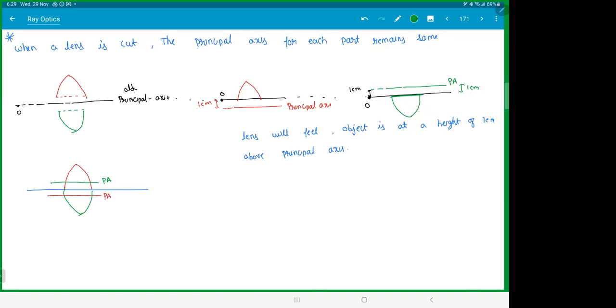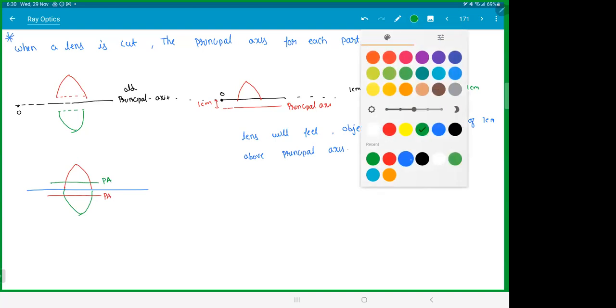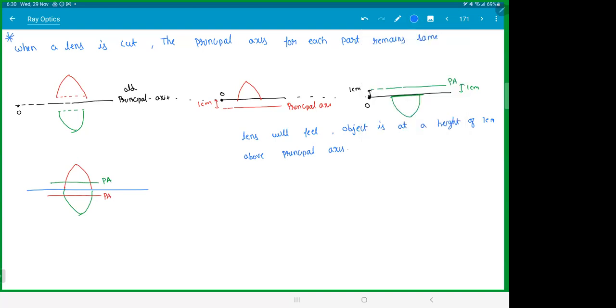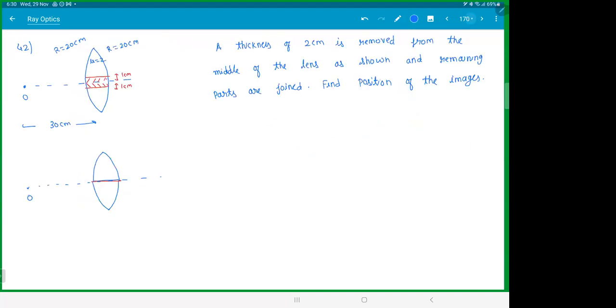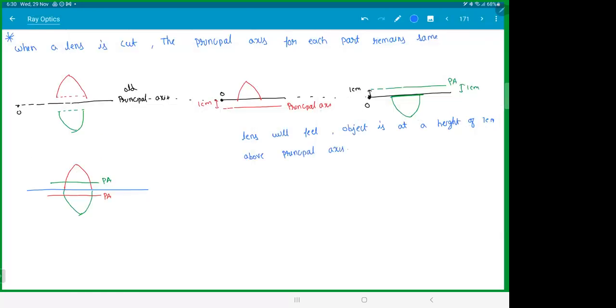Sure, everyone? And then you can actually calculate what is the radius. 20, 20, no? That won't change. The focal length will be 2 minus 1, 2 by 20, so 1 by 10.